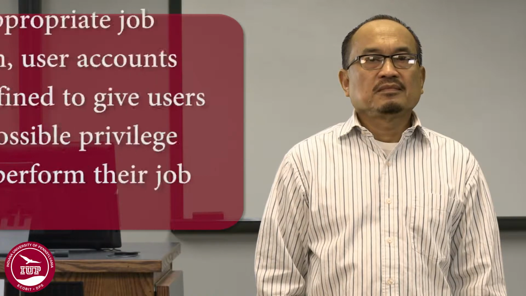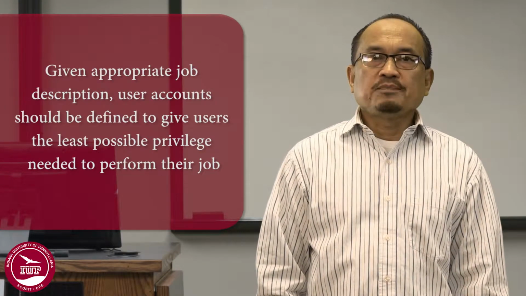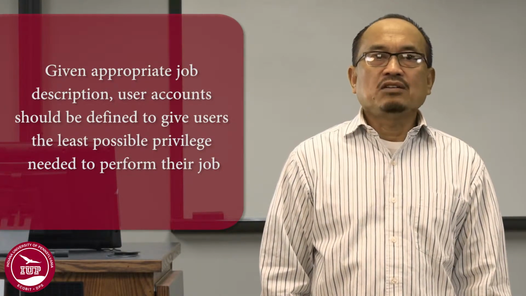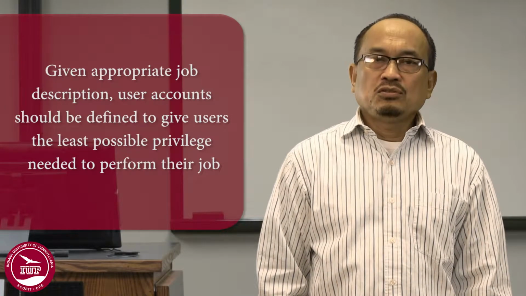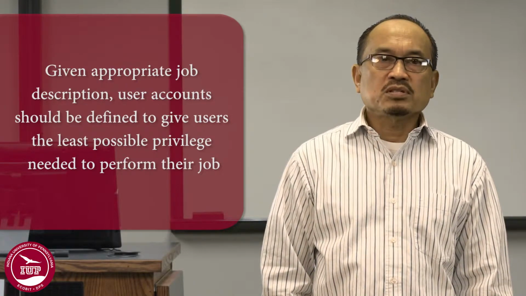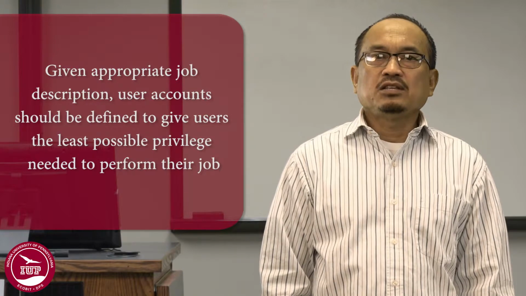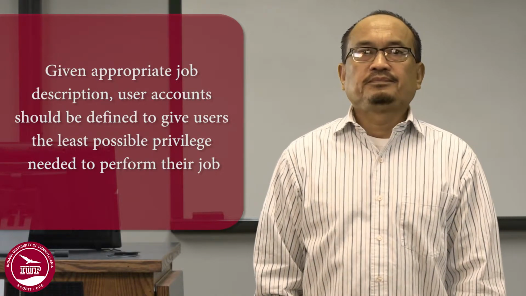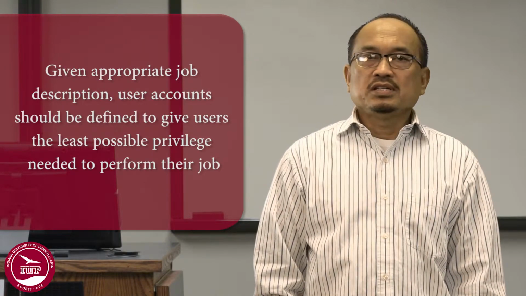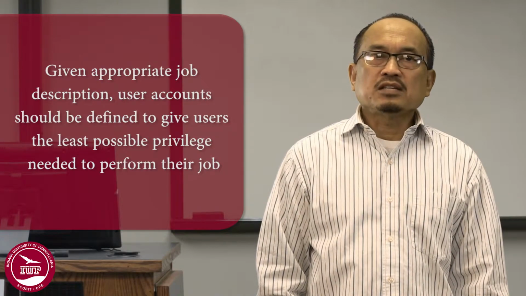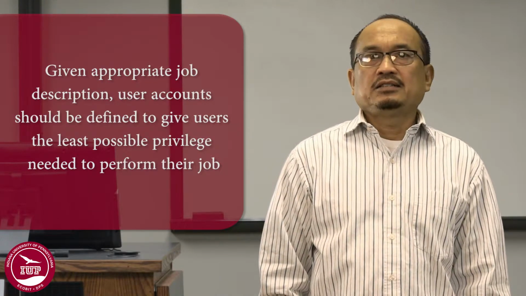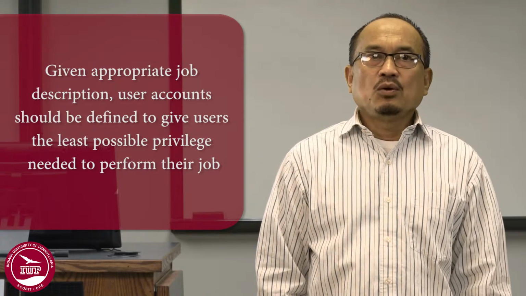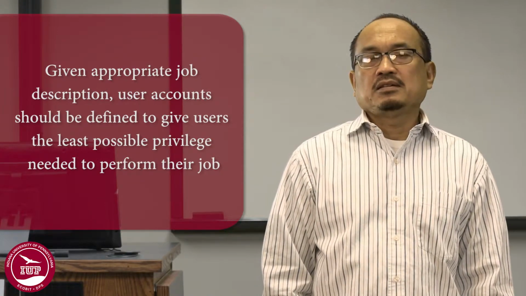Given appropriate job descriptions, user accounts should be defined to give users the least possible privilege needed to perform their job. For example, a user whose job description does not include modifying data should be given an account with read-only privileges.